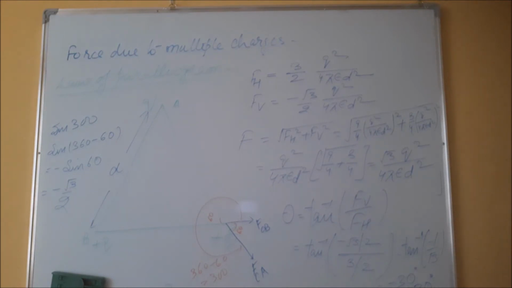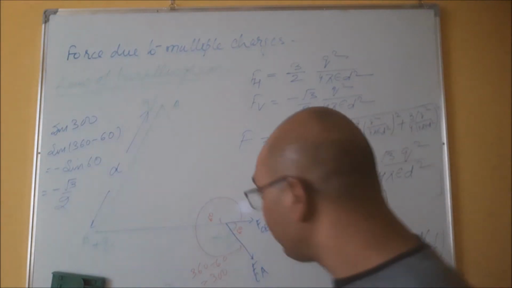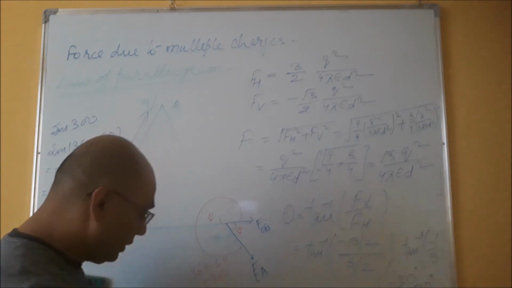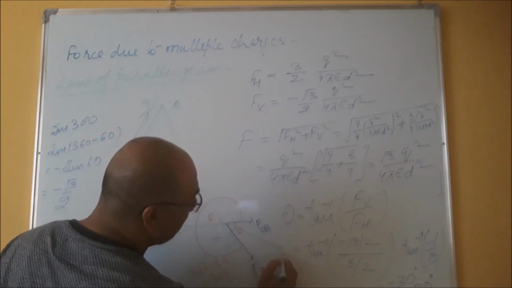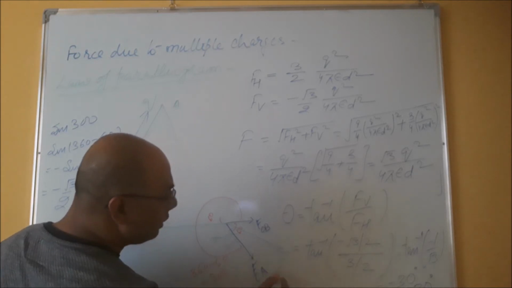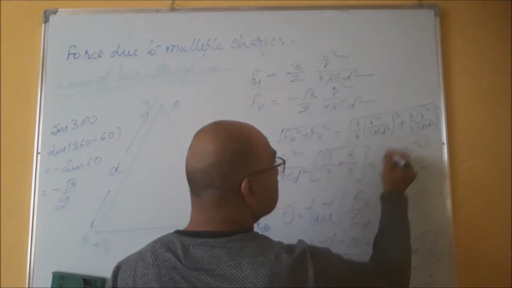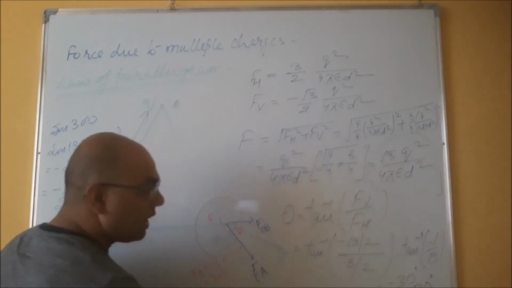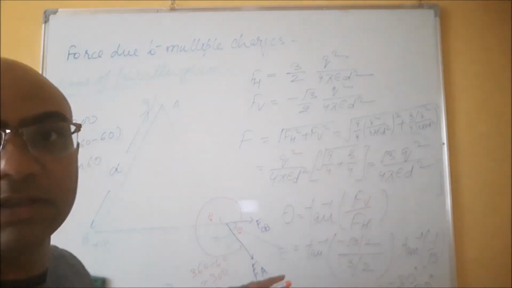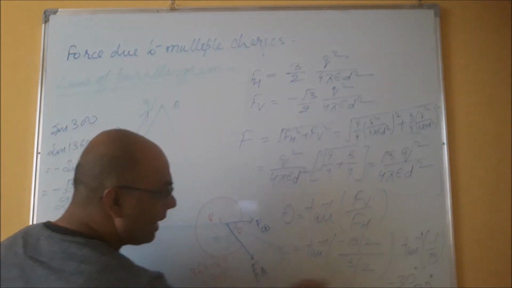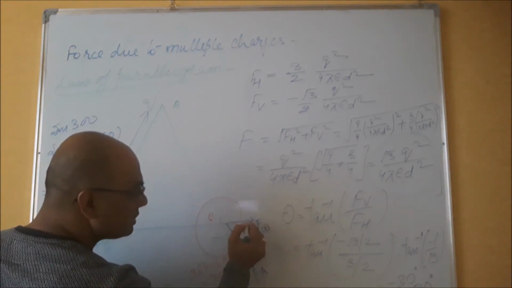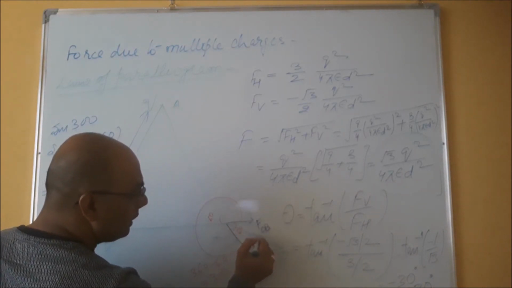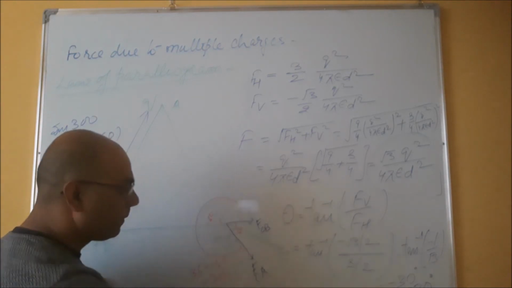And hence we can say that the resultant force will be this F, the value of F is this, and the angle from the reference line is minus 30 degree.